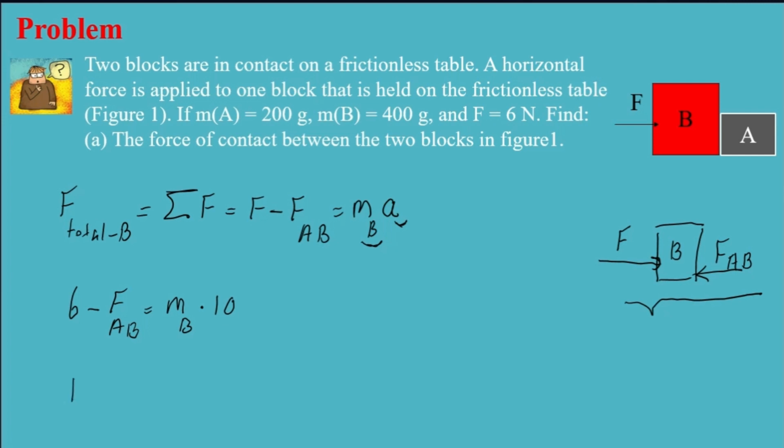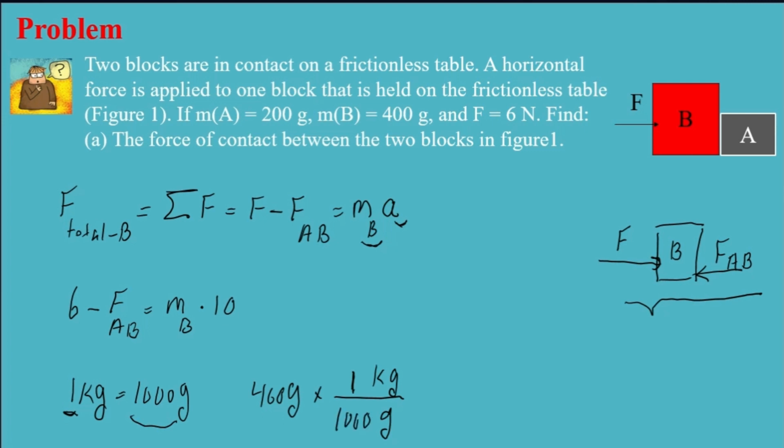So again, 1 kilogram equal to 1000 grams. So here I have 400 grams, that's going to be gram, that's going to be 1 kilogram. So I have 1 kilogram, so it's going to be 1, and I have 1000 here, so it's going to be 1000.